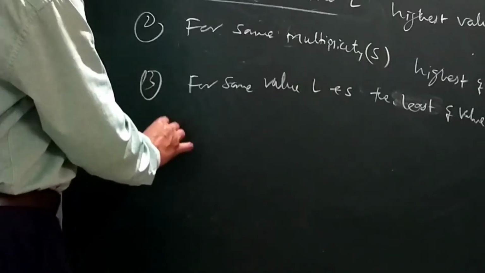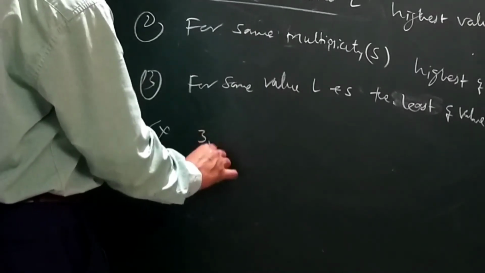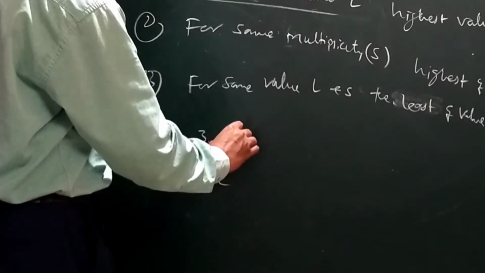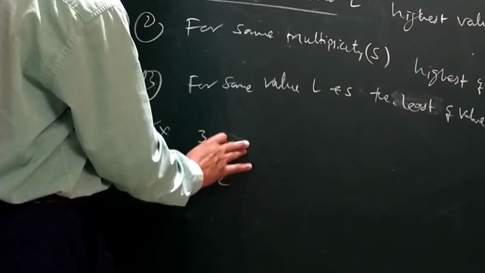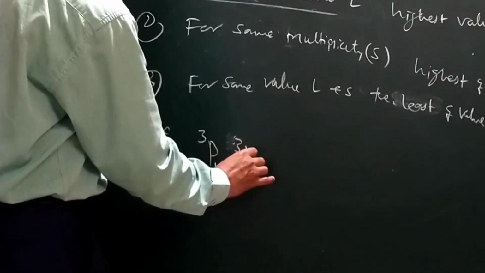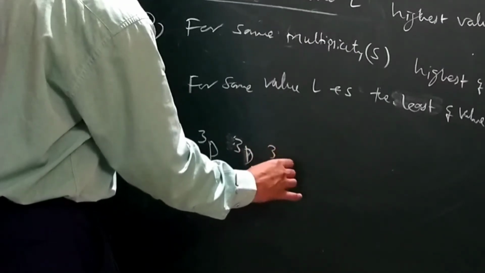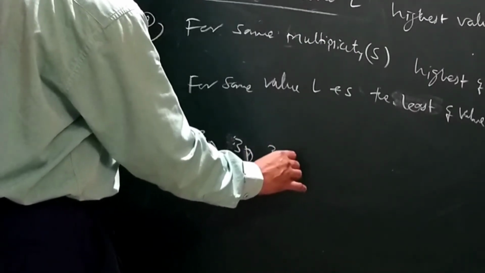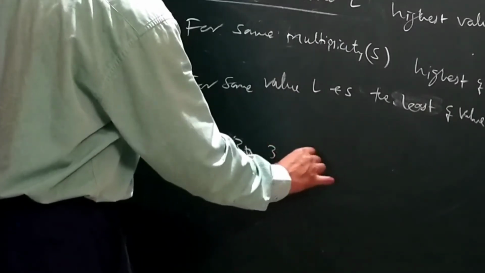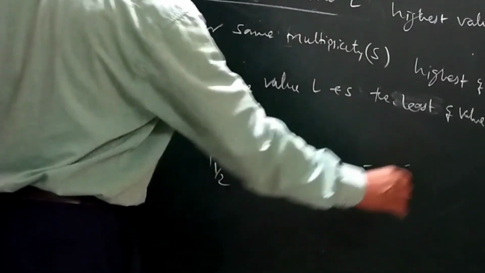For example, we have 3P 1/2, then another term 3D 5/2, then 3S 0, then another 2P 1 state, and so on.